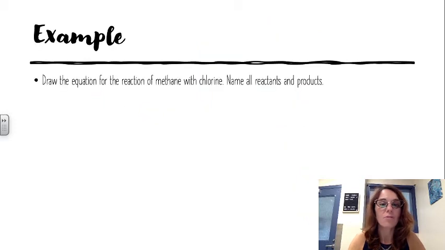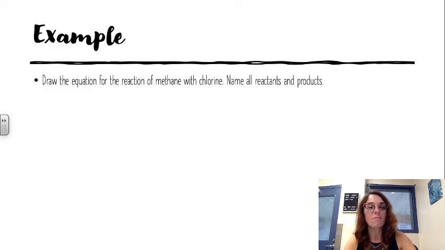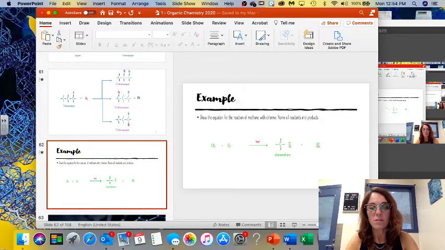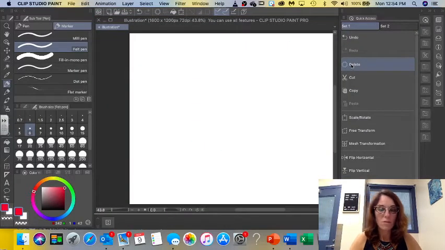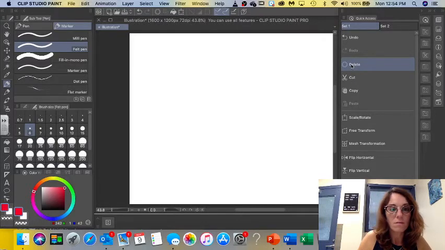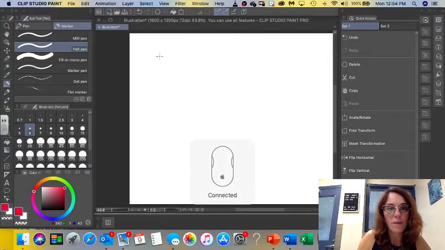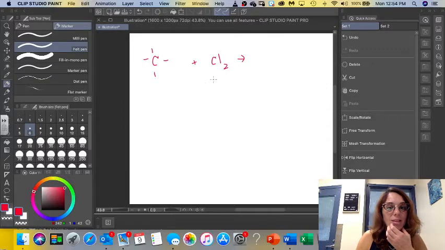So here's an example. Draw an equation for the reaction of methane and chlorine. So let's do this. So we've got methane, and chlorine. So in this case here, the chlorine can be written this way, and I've got my hydrogen.